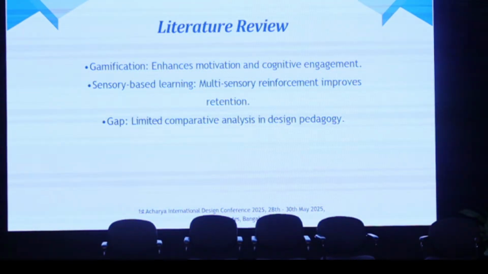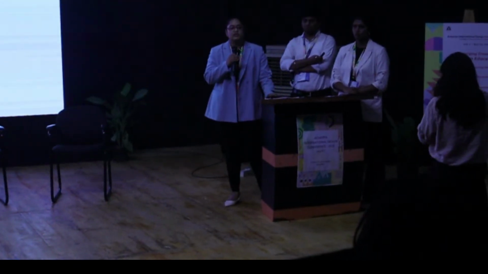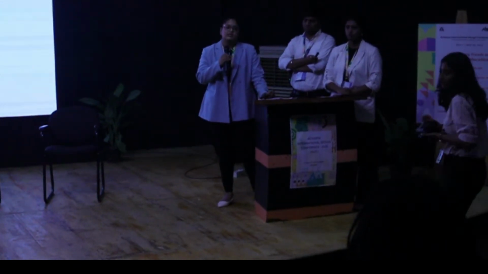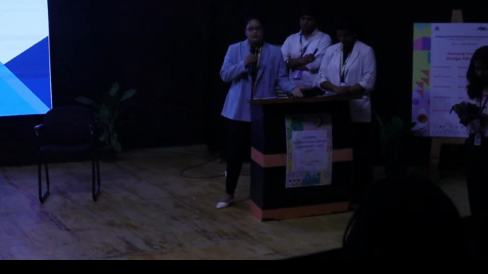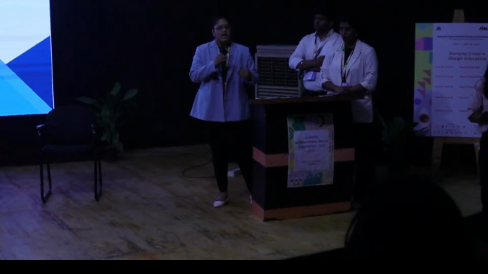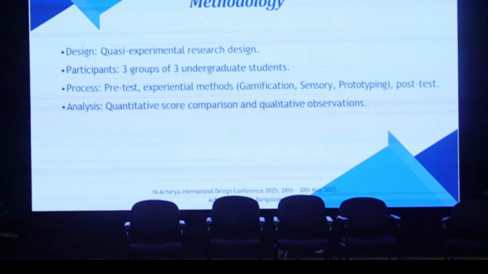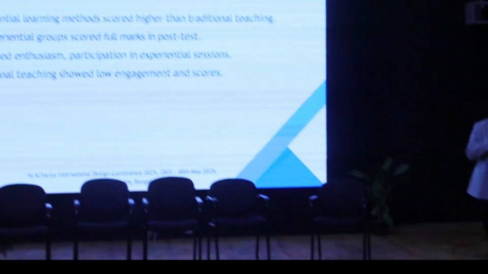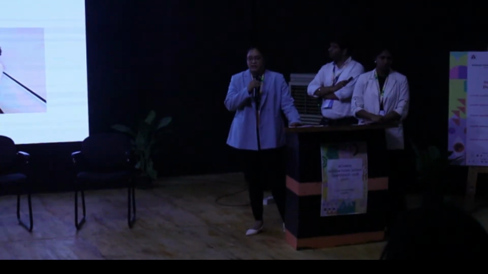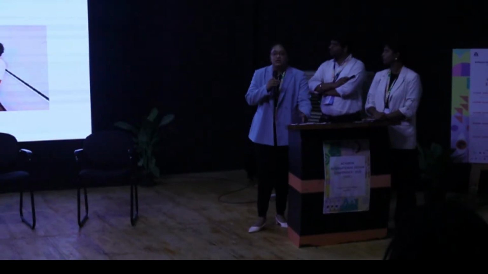After giving the colors, we gave a test again. According to the statistics, compared to traditional learning, experiential learning is better. The next type of teaching that we used is physical prototyping, where we use colors, that is paint, to understand and deal with it.